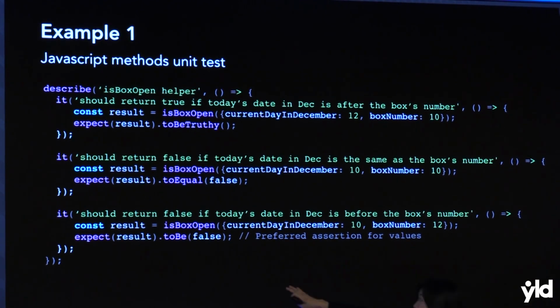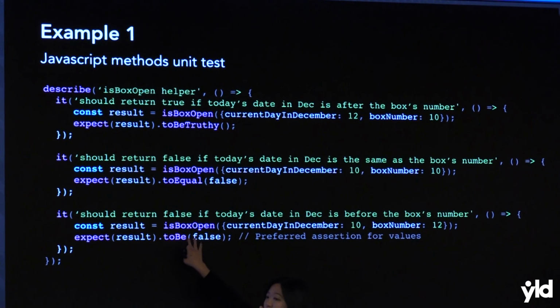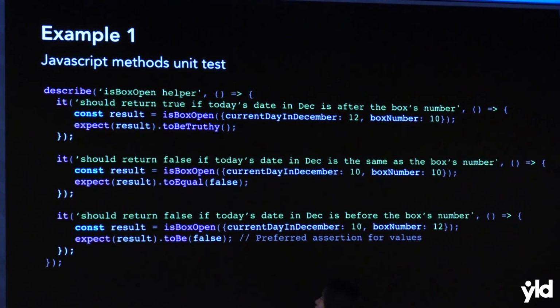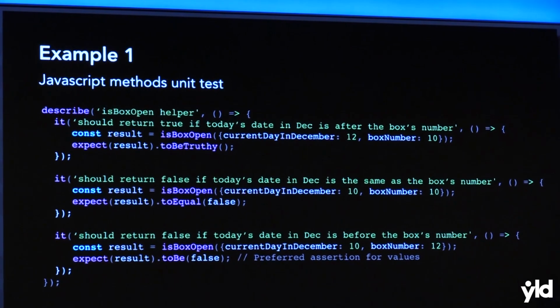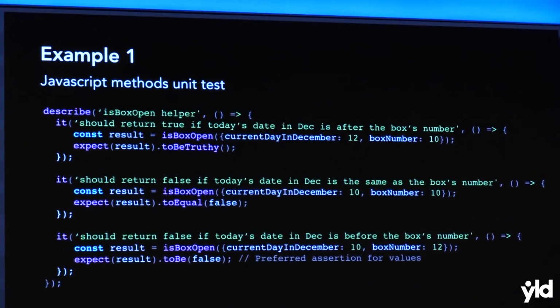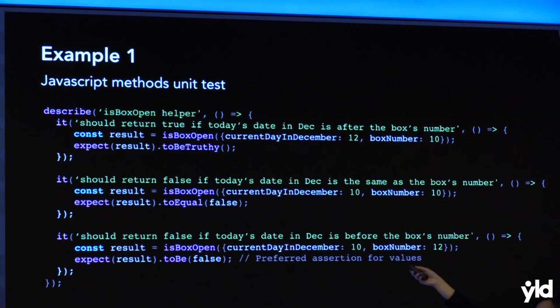If you look at the Jest documentation, it will give you all the possible expectations that you can do. And I have 3 examples here. I just want to highlight the difference between these expectations. So in the first case, if the current day in December is after the box number, then the box should be open, right?